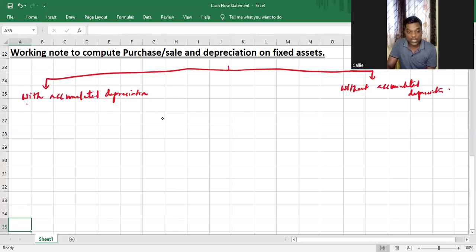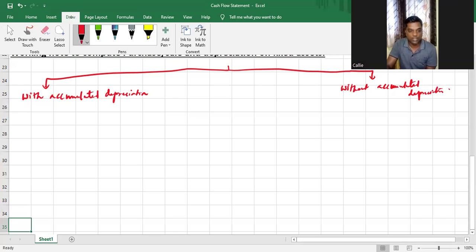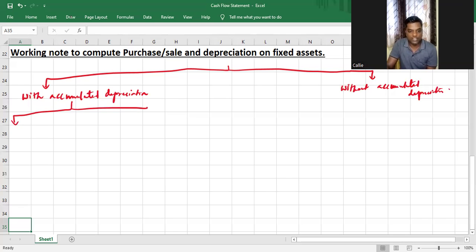Now, again, this can be further divided. We are dividing the questions based on the information given. This can be further divided into no other additional information given with respect to fixed assets, and additional information with respect to fixed assets given.